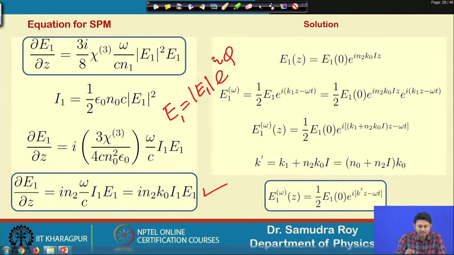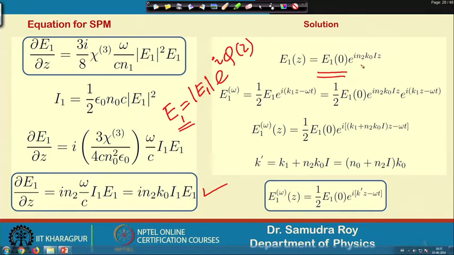So, one way is to do this problem by putting in the amplitude and phase parts and separating them out, and then find the solutions for E1 and phi, that we have done in the previous way. Or you can directly find E1 and put it here, and you will find that E1 has E1 0, the amplitude part, and the phase part, the solution directly. In the previous calculation, we separately found the solution of phi by solving two equations.